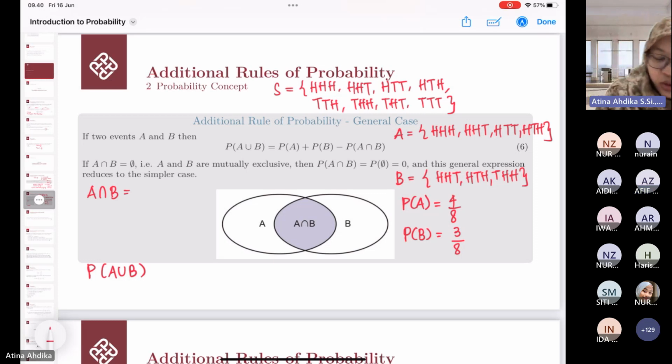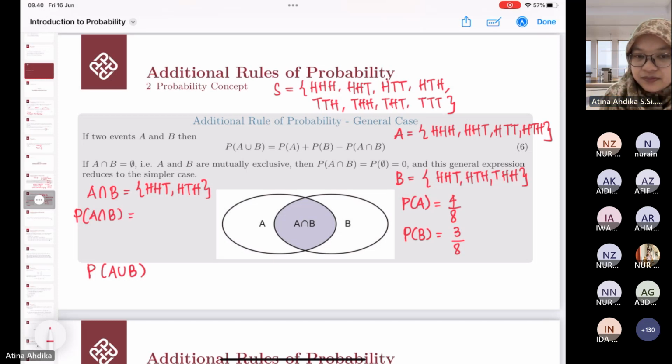Yes. So what is the intersection? HHT and HTH. Okay, so what is the probability of the intersection between A and B? 2 over 8.